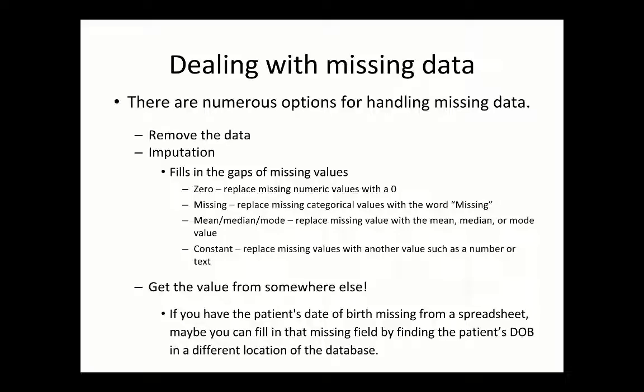Another imputation method for categorical data is to replace missing data with a word. This word may be something like missing or not available. The reason for this is so you can determine how often missing fields occur. Another method for quantitative data is to replace missing values with the mean, median, or mode value.